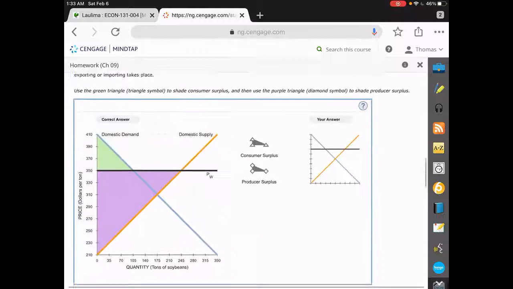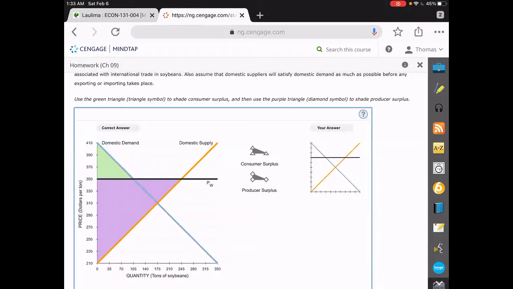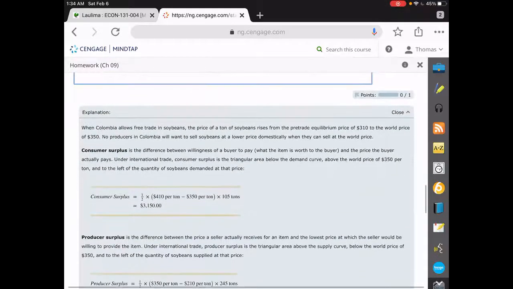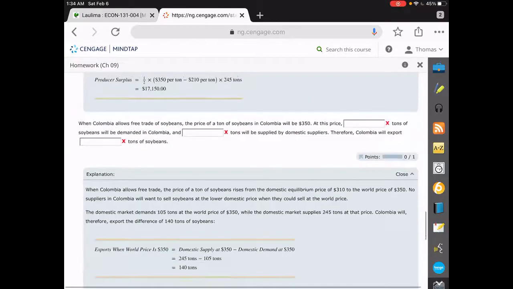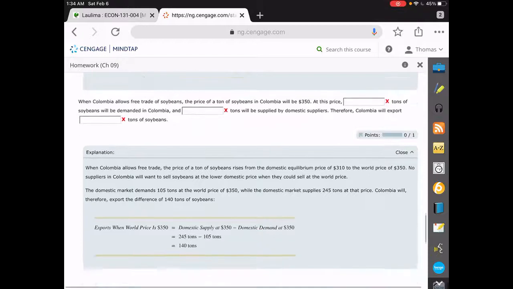For the amount of the export, that's going to be the difference at the price of 350, between the 105 that's demanded and the 245 that's supplied. So that'd be a difference of 140, which is right here.